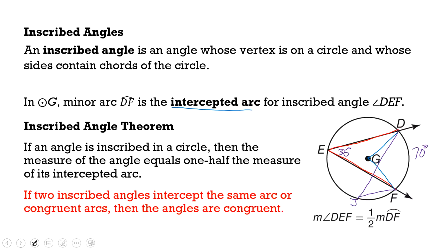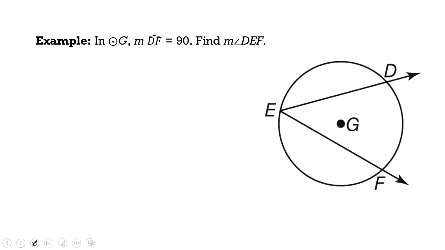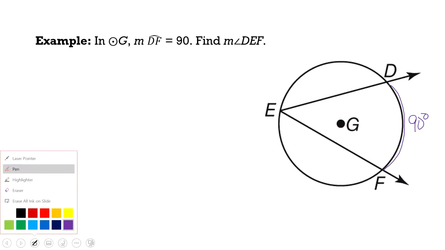So, let's work on another example. It's the same circle, circle G. We're told that arc DF is 90 degrees. We're asked to figure out the measurement of angle BEF, or angle E in this instance.